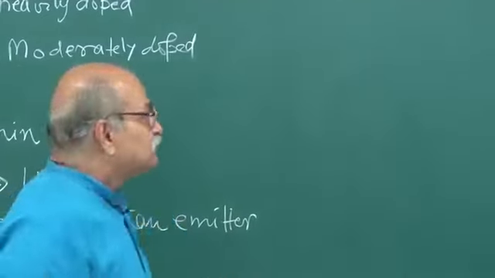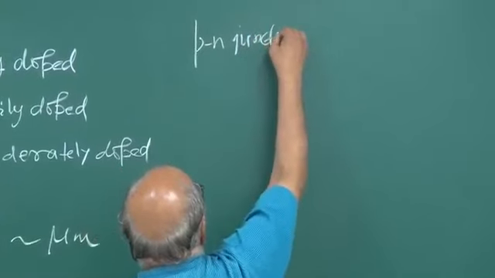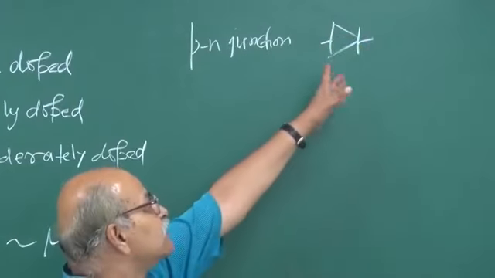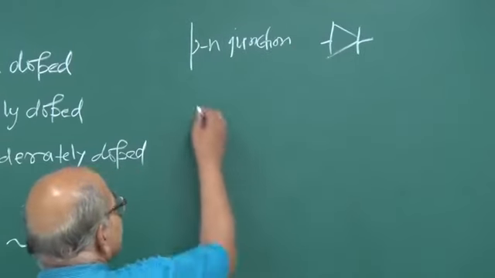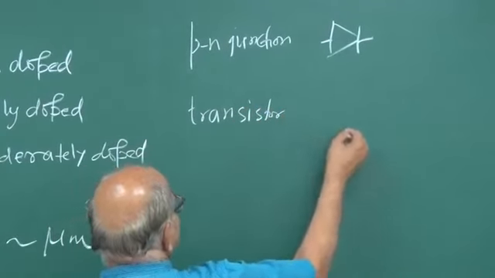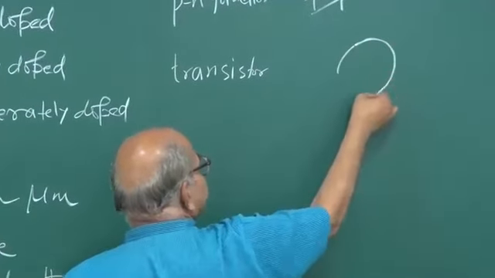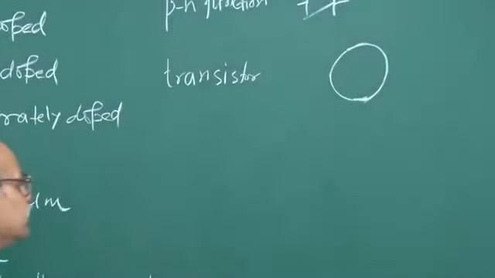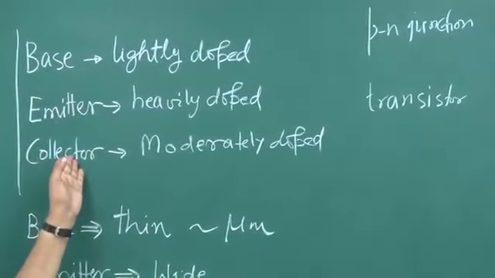The symbol for a PN junction, you remember, we also had a symbol, and the symbol itself tells that this side is P and this side is N. Similarly, for the transistor, generally people draw a circle. Sometimes you may not draw it, but it is good to draw a circle. And then 3 lines for these 3 parts: base, emitter, and collector.